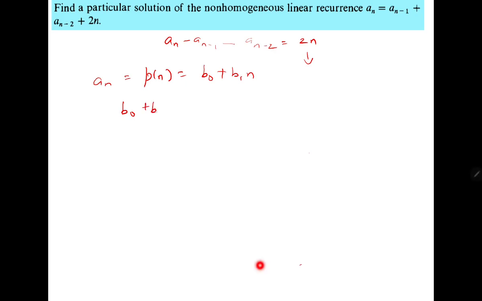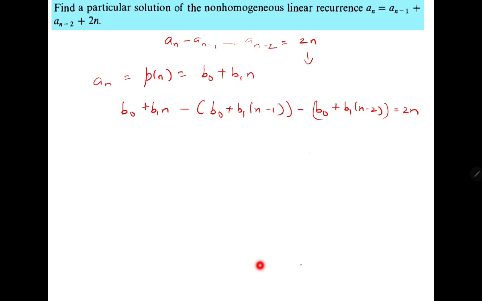So B0 plus B1 n minus B0 plus B1 (n minus 1) minus B0 plus B1 (n minus 2) is equal to 2n.